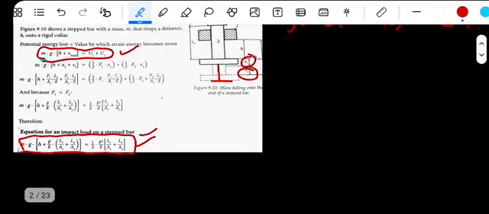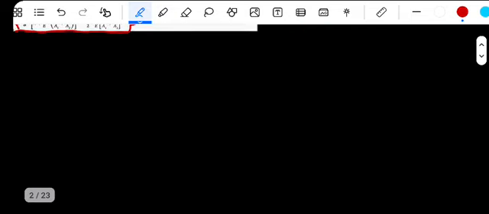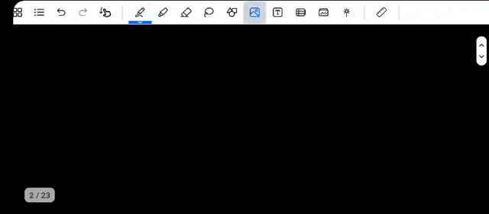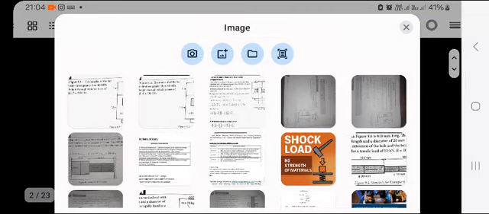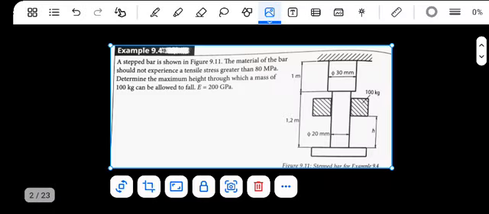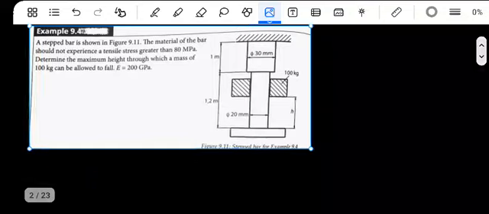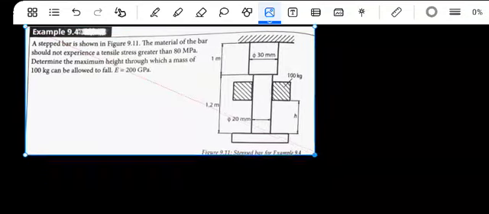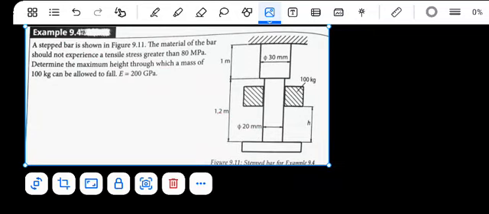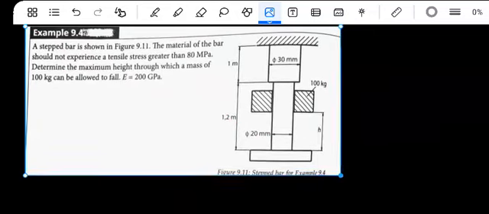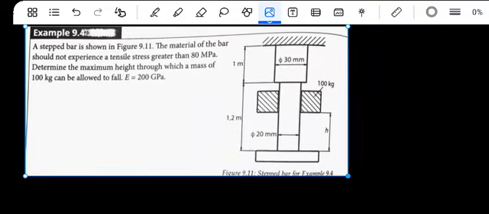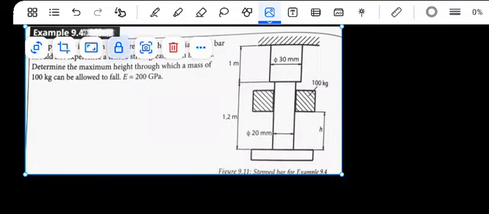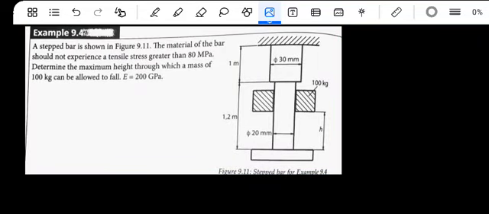Let me put this into practice. We are given this example, a stepped bar. The question says: a stepped bar is shown in figure 1.11.